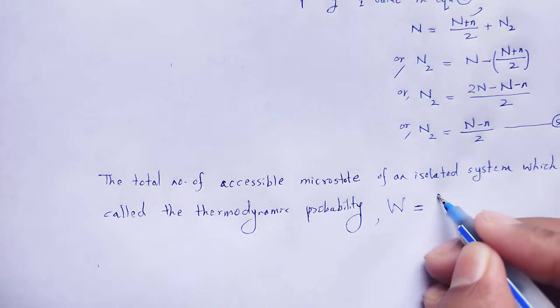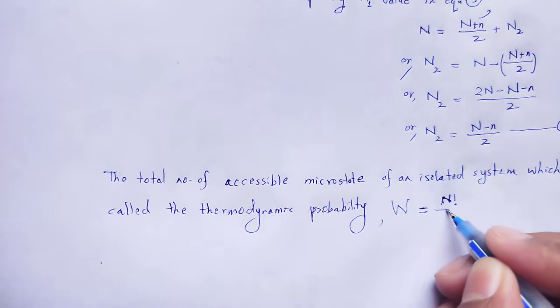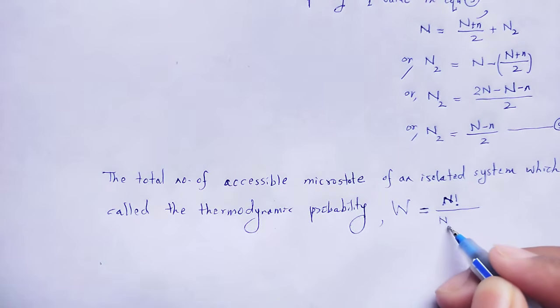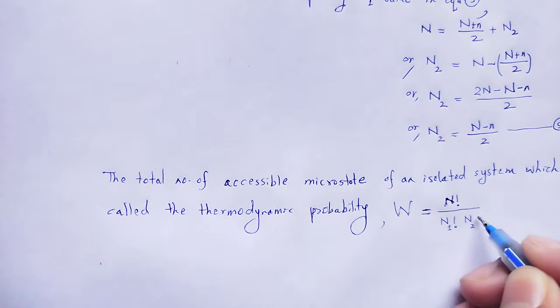It will be N factorial, total number of particles, divided by N1 factorial into N2 factorial.